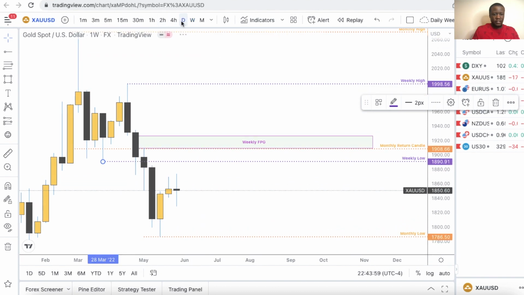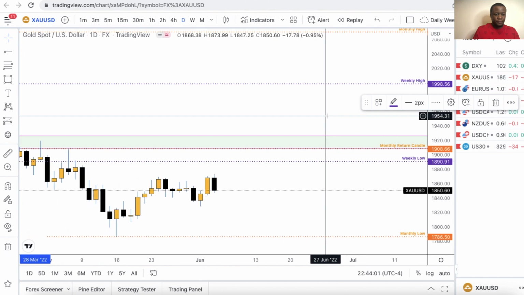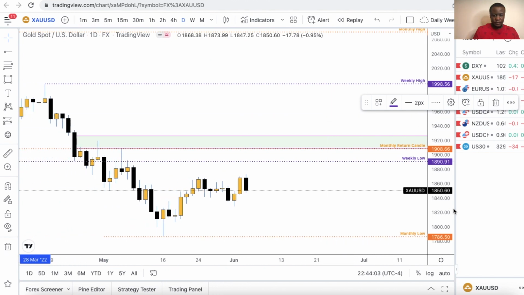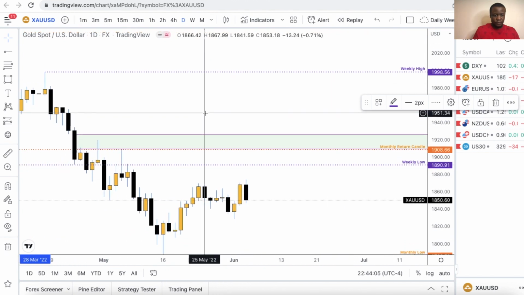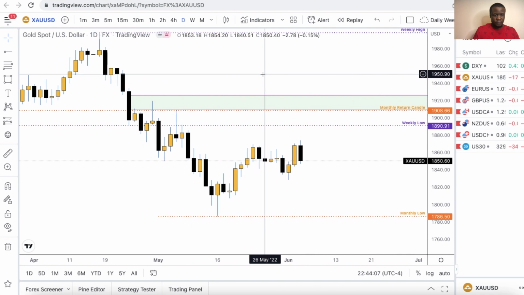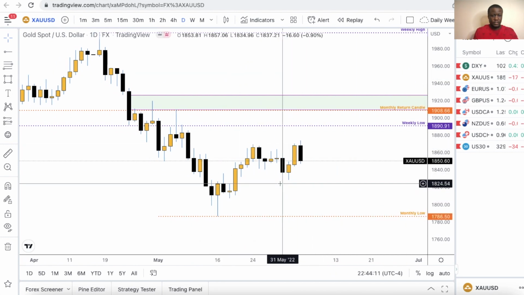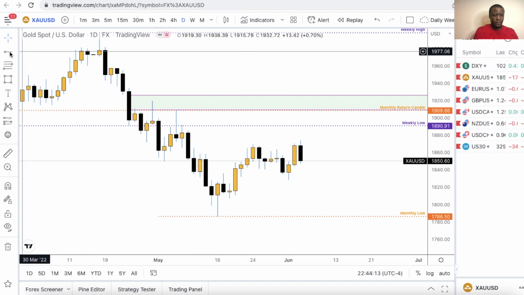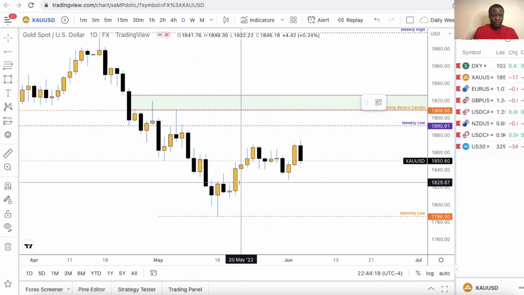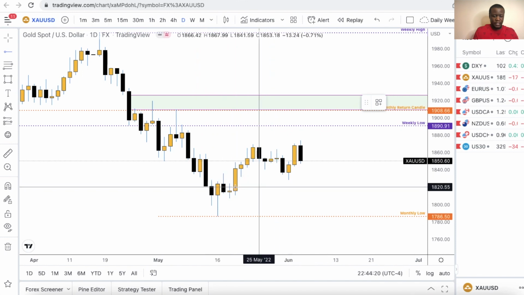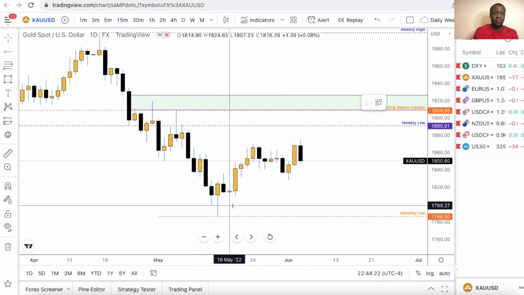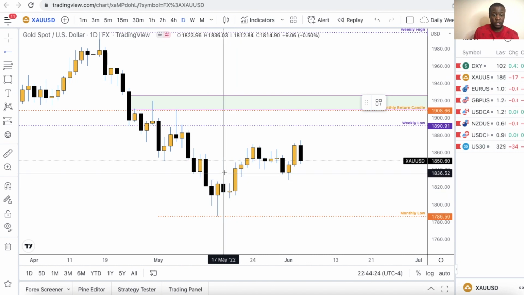Now to the daily. So daily, we have the return candle right here. And for return candles, it could be the body, it could also be the wick.